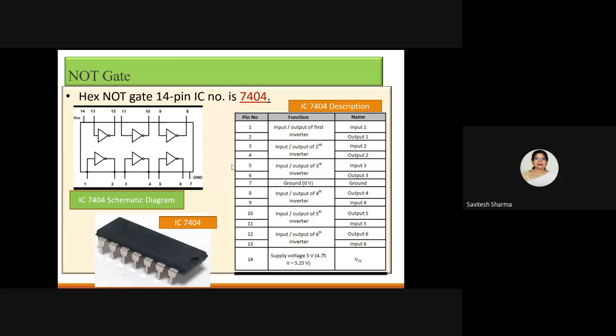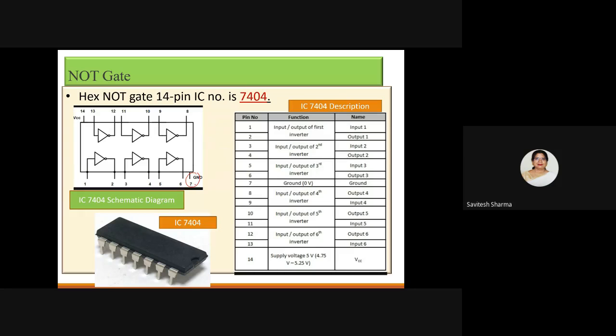Here I am also describing the IC pin numbers. Pin number 1 is input 1, and 2 is output 1. Assume this is the first inverter; pins 3 and 4 are for the second inverter, 5 and 6 for the third inverter, and 7 is reserved for ground. You always need 2 terminals for supplying ground and the supply.